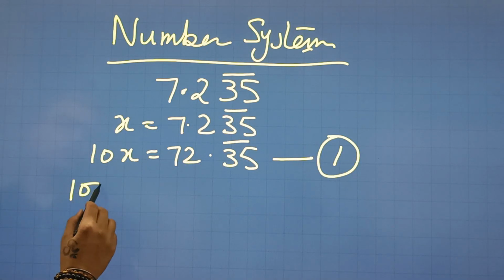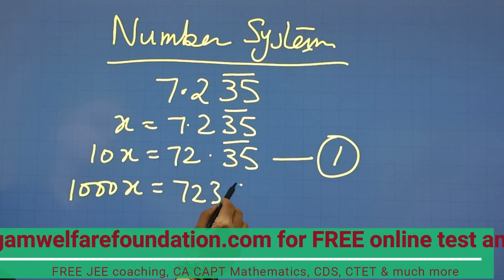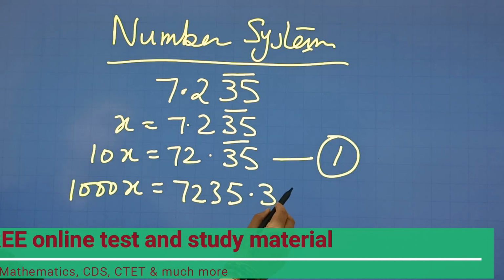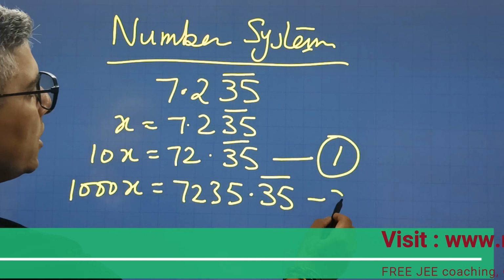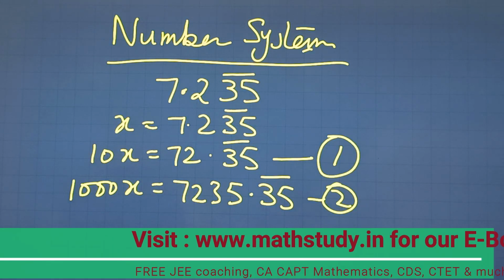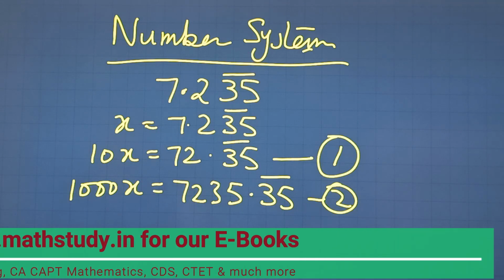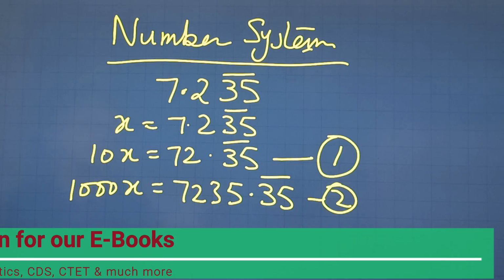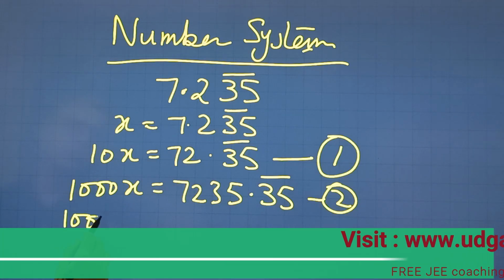Multiplying this by 100, we get 1000x equals 7235.35 bar. Very simple. Here we can easily see that in equation number 1 and equation number 2 we have the same repeating number after the decimal, and now we can easily subtract equation number 1 from 2.